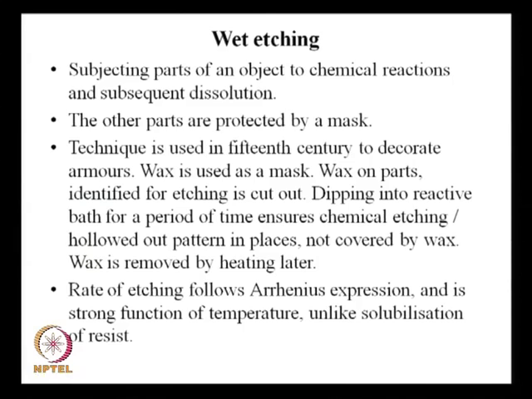So, wet etching involves subjecting parts of an object to chemical reactions and subsequent dissolution. Keep in mind there is another process which goes by the name dry etching. Here, in this slide, we focus first on the wet etching process. So, wet etching involves subjecting part of an object to chemical reactions and subsequent dissolution, so that a channel or a groove forms on the exposed part of the silicon substrate.